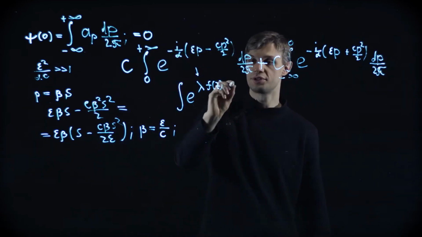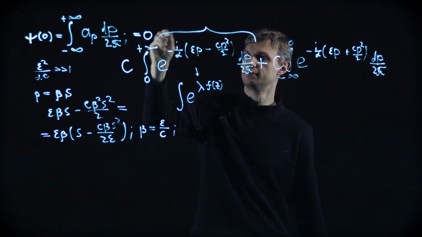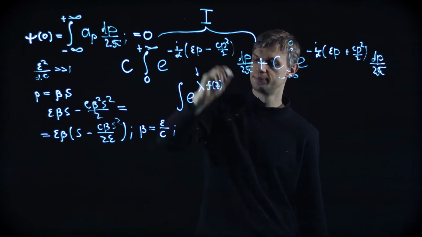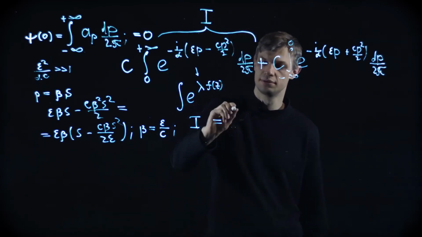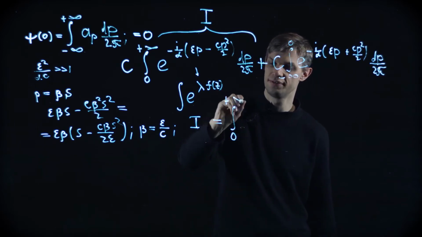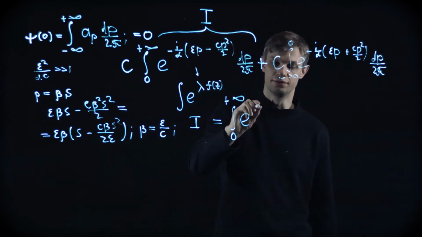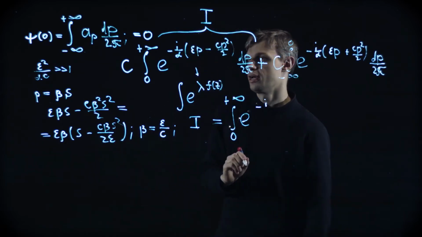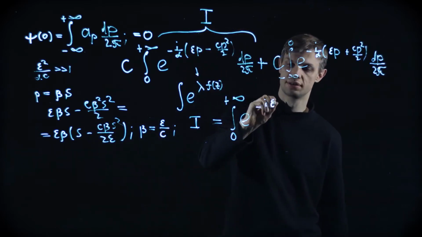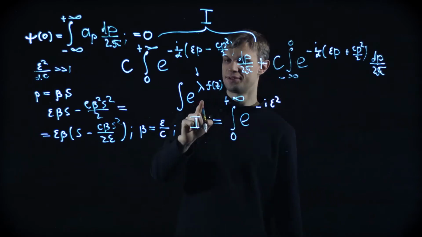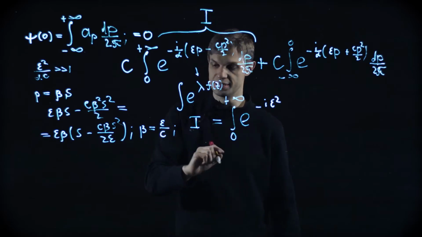Let's consider the first integral, this one. So our integral now is equal to the integral from 0 to plus infinity, and now it assumes this classical Laplace type form. i epsilon squared, because one epsilon comes from this factor and another one from beta, right?